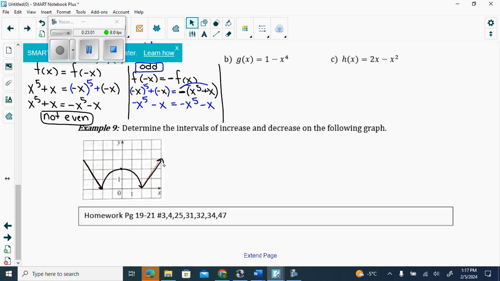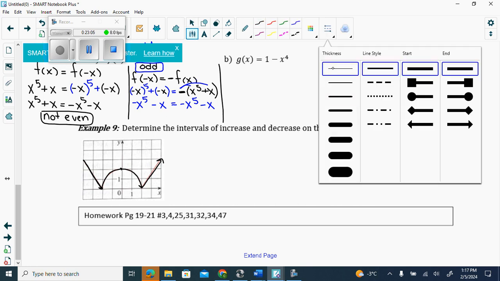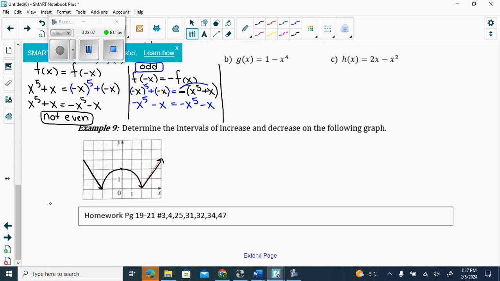I'll use two different colors. So when I'm going from left to right, I picked a different color. This one is decreasing. To here it is increasing. From here to here it is decreasing. From here to here it is increasing. Correct?